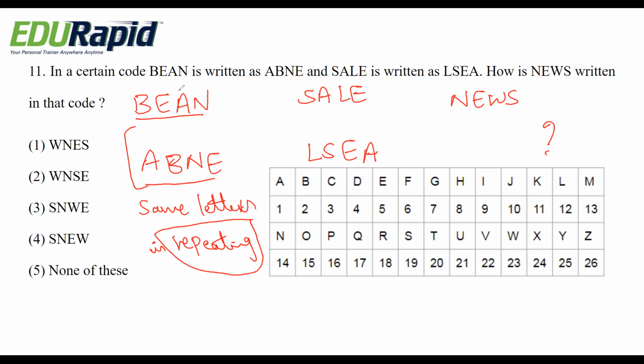Here the first term is A, the second one is B, the third one is N, and the last one is E. That means it is in a pattern of 2-4-1-3. Let me check with the second one. 2-4-1-3 pattern.